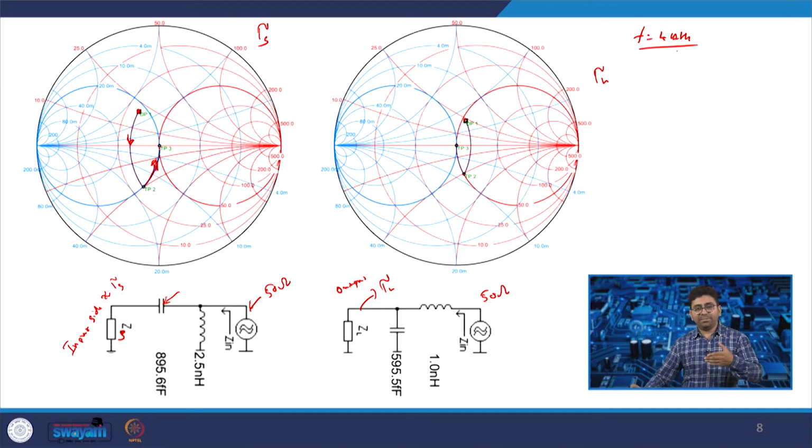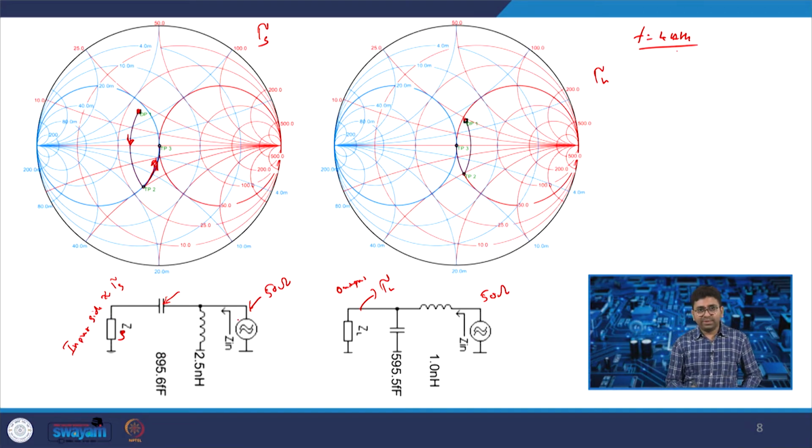So, always remember, when we are moving up on the Smith chart, you are either going to add an inductor in series or parallel, and here we are adding in parallel because it is a Y Smith chart, you are using an admittance Smith chart. So, then you need to add around 2.5 nanohenry of inductor in parallel.